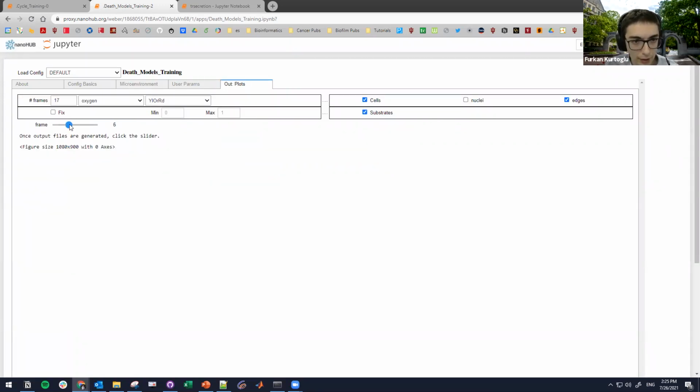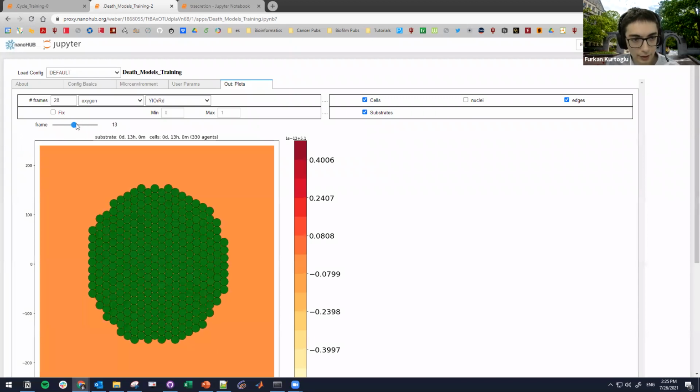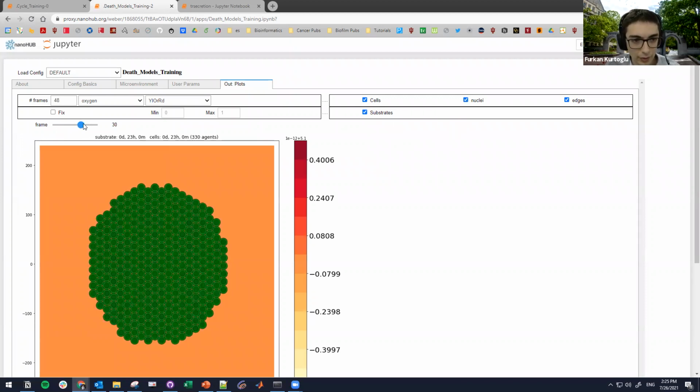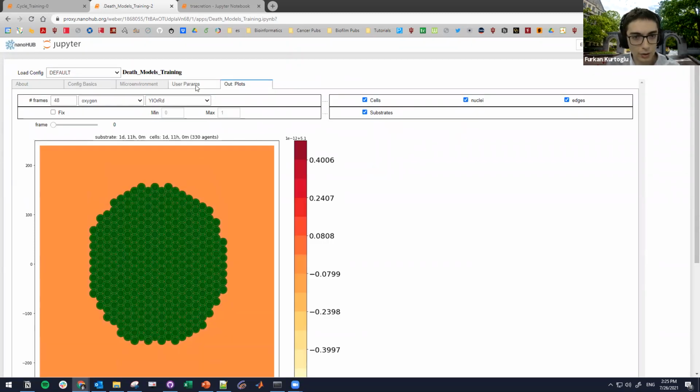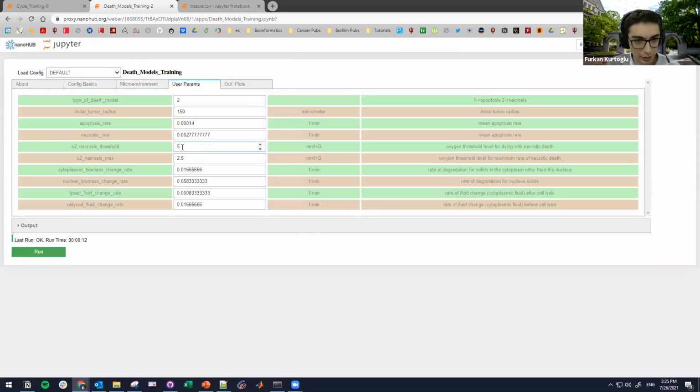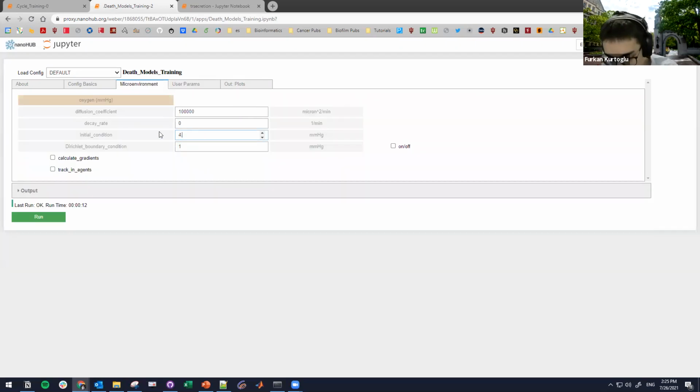As you can see, the cells are stabilizing according to the physical forces, and because we have 5.1 in the whole domain, they are not dying, but they should start here. Let's make it 4.9.